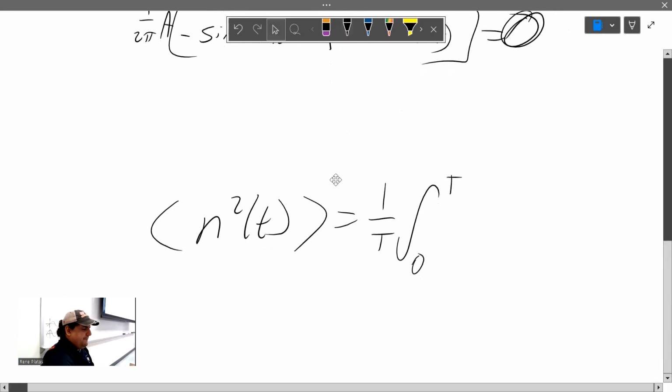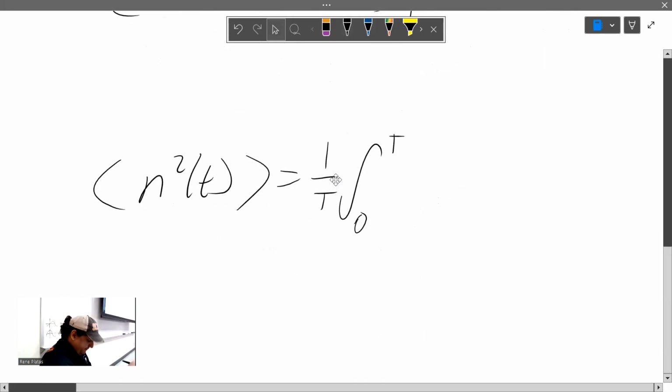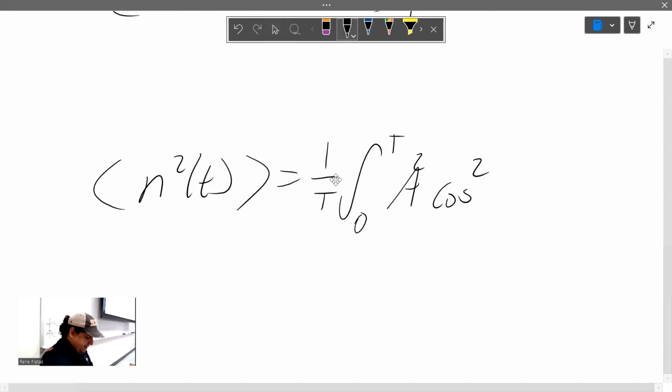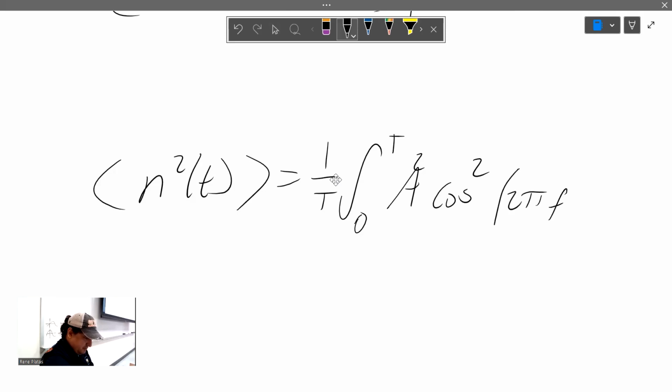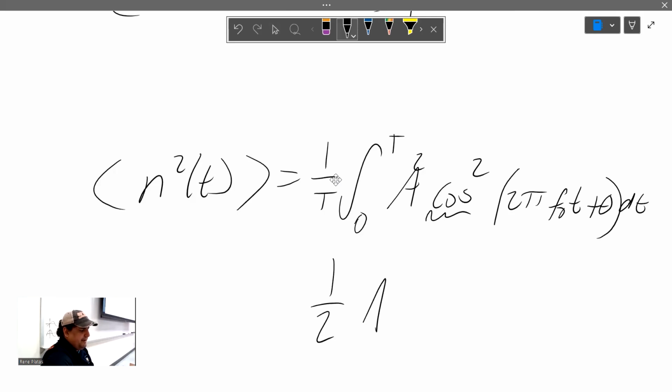Now for this part, we have our a squared, we have a cosine squared, and we have a bunch of garbage. If you recall, it's a sinusoidal, so it's going to be 1/2 a squared, that's it. When you're looking for the power of a sinusoidal, it's always 1/2 amplitude squared.